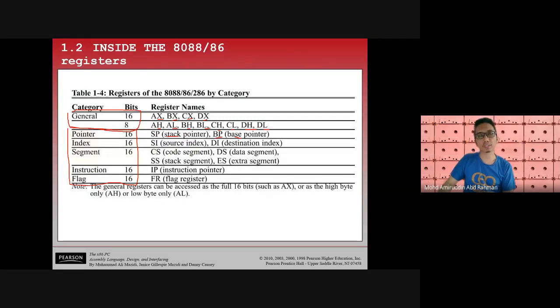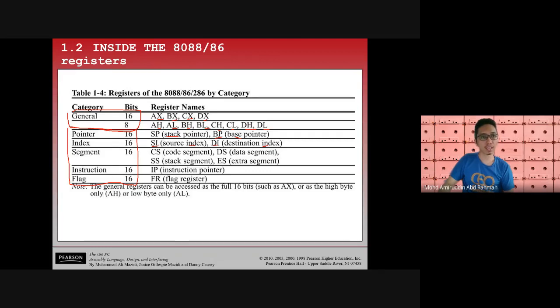We will go through the definitions of the other registers later. For now, I just introduced the types of registers that are available on the 8086 processor. We also have the index registers, which are SI and DI. I is for index, S is the source index and D is the destination index.